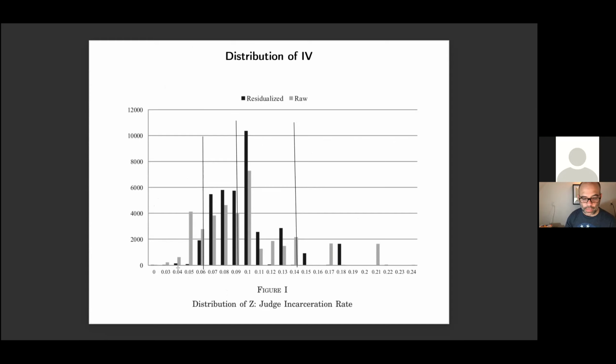I think this is the bottom tercile, I think this is the middle, and I think this is the top. Or maybe this is the top. I don't remember off the top of my head exactly, but it's something like that. Okay, so we're going to be looking at means.